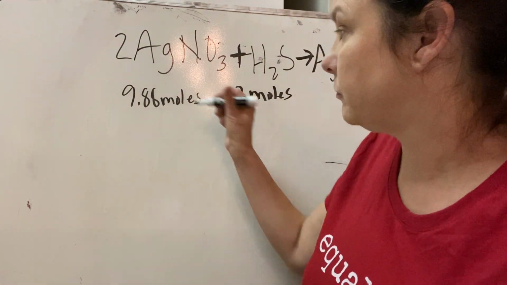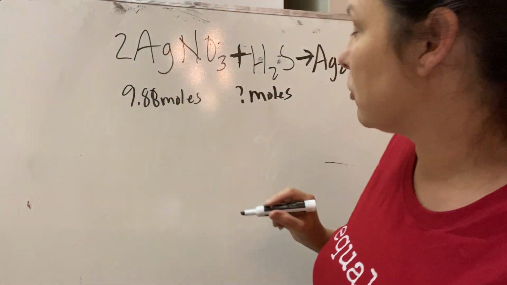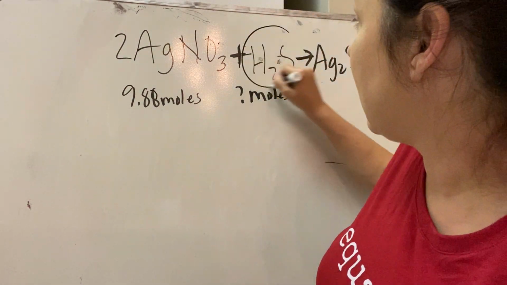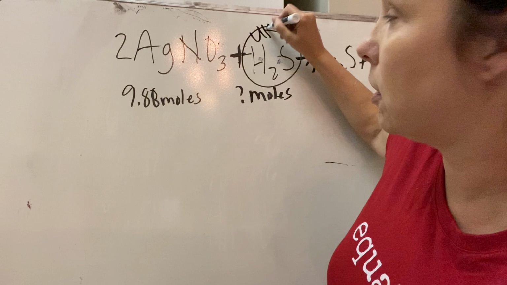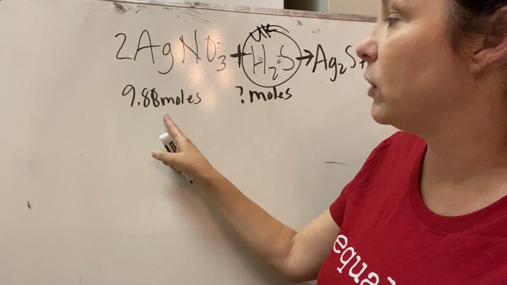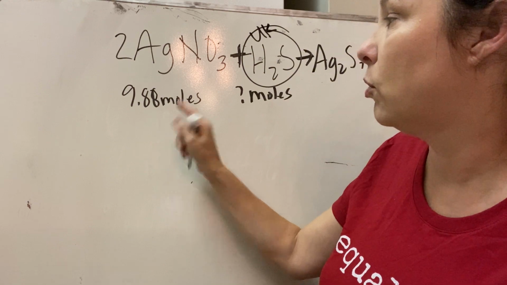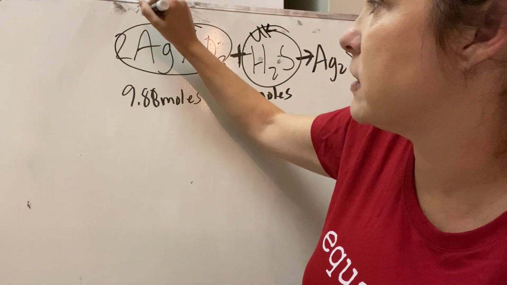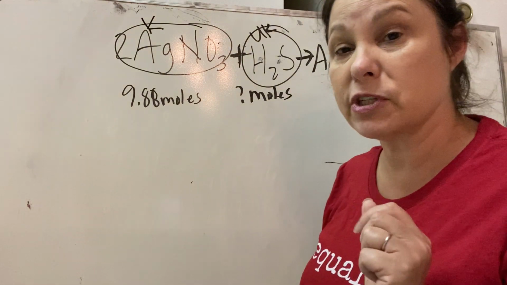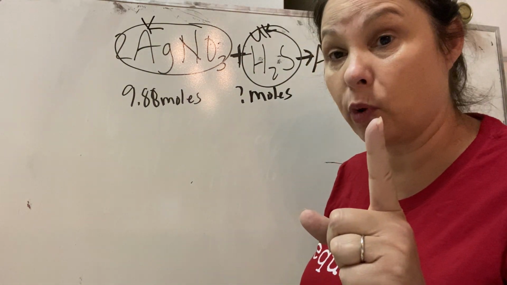So again, we are solving for the moles of the H2S. That makes this my unknown, right? And we are told that we have 9.88 moles of this, so this makes this my known. All right? So step 1 continues when we get our board started.